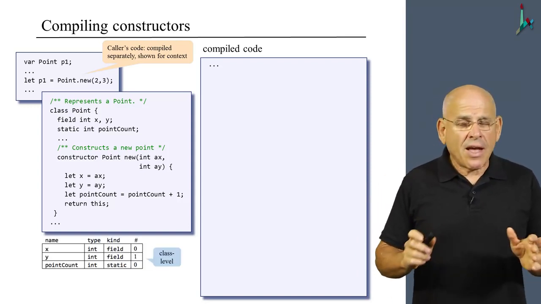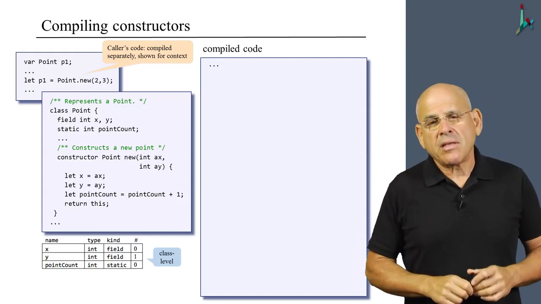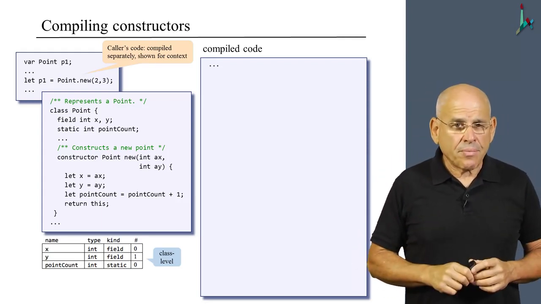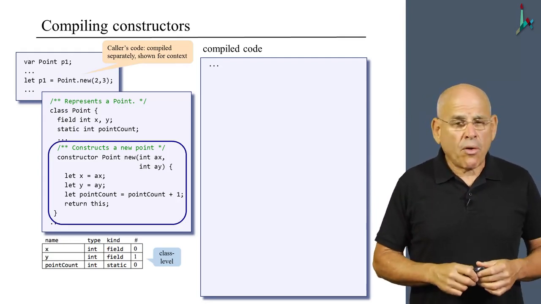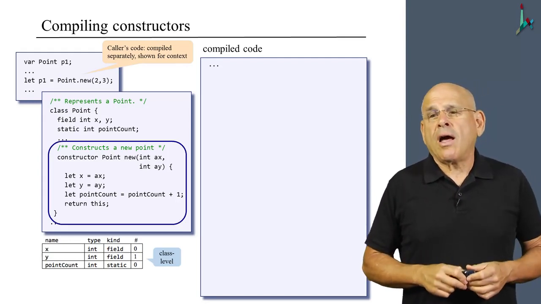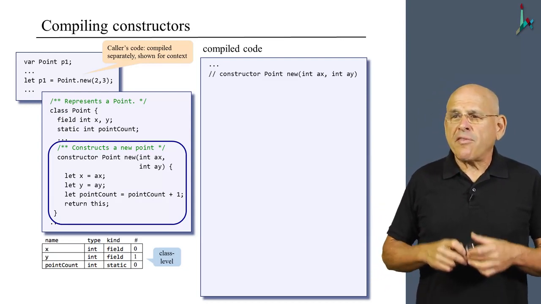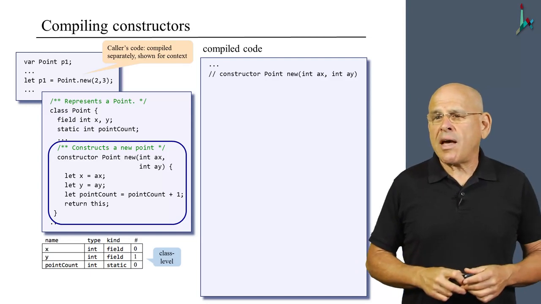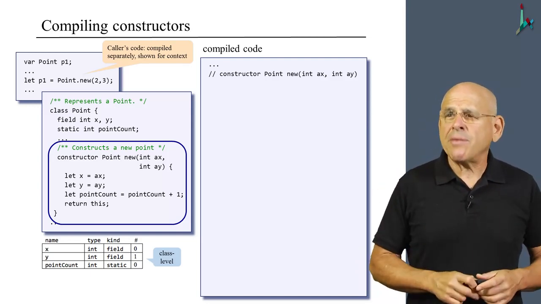The only thing that it does is create the class-level symbol table, and that's it. And then at a certain point, the compiler will get to a point where it has to generate code for the constructor. So the first thing that we see is the constructor signature, so to speak, or the constructor declaration.